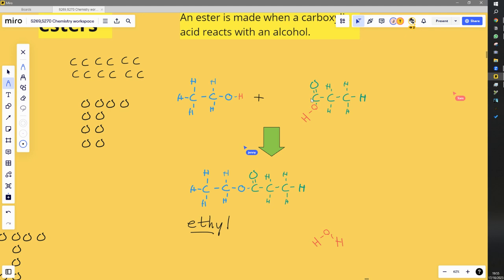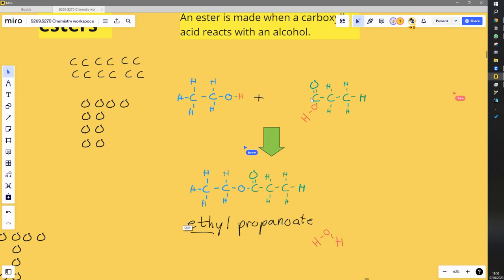And then the oxygen splits the naming, and then the next part of it is where we name the rest of it. So we've got 1, 2, 3 carbons this time. So it's prop and anoate. Okay, so the anoate is what means it's an ester.